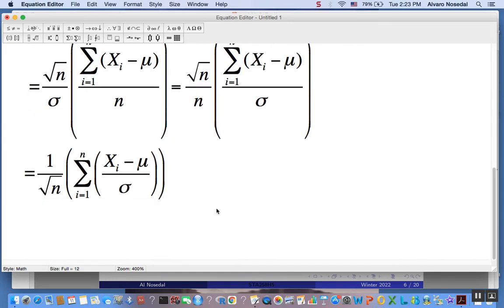So now what we have is that, let me write it down like this. 1 over the square root of n times the summation of the zi's.